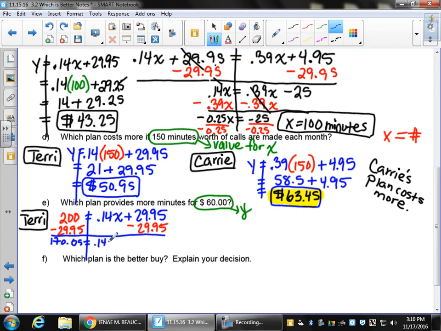I still have 0.14x over here. This is gone. And to wrap it up, we will divide by 0.14. 170.05 divided by 0.14 is something crazy.